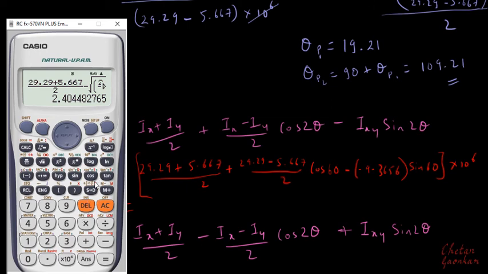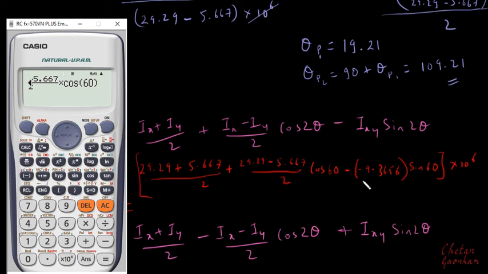I already have this value with me, so I will not delete that. I'll just go on deleting all the other values. So plus 29.29 minus 5.667 divided by 2, multiplied by cos of 60.